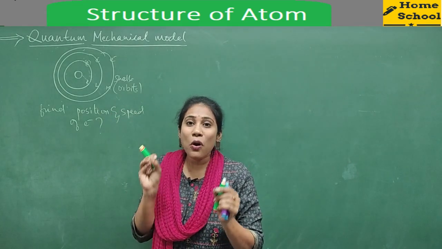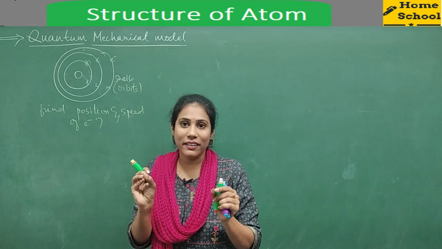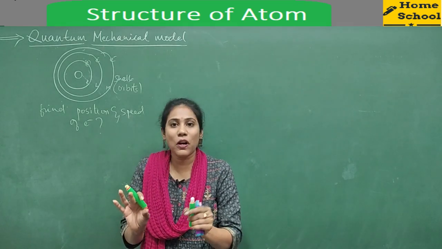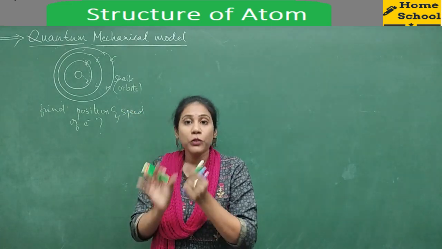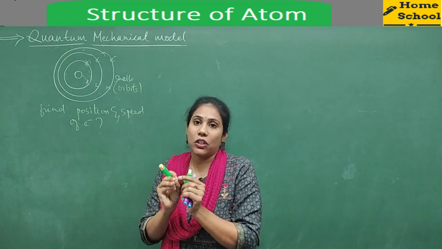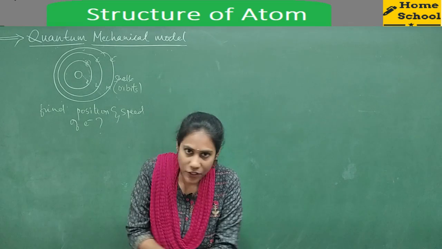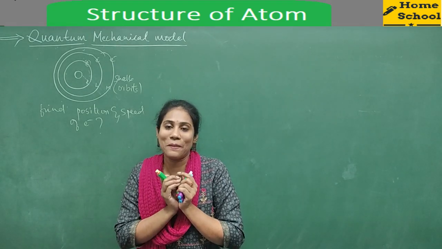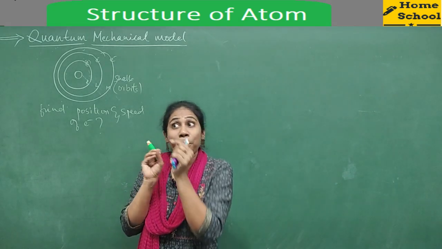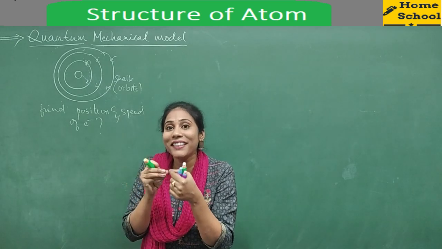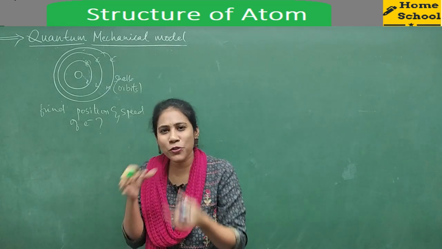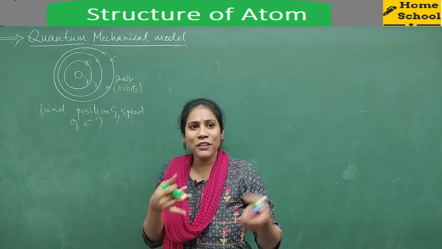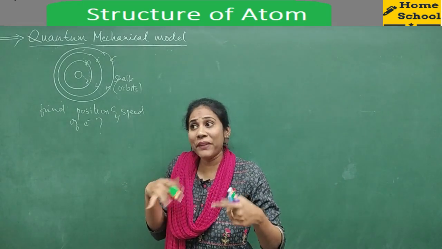The electron is a very small particle, right? The atom itself is very small, and inside the atom, around the nucleus, you have this electron, which is much, much smaller than the atom. So to find the position of an electron, you must use some ultra microscope, not a normal microscope, something higher.